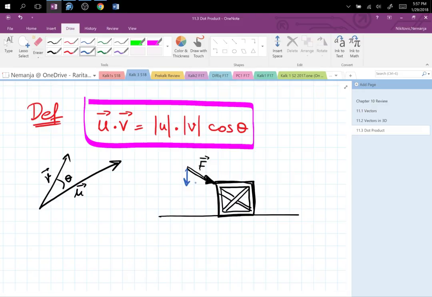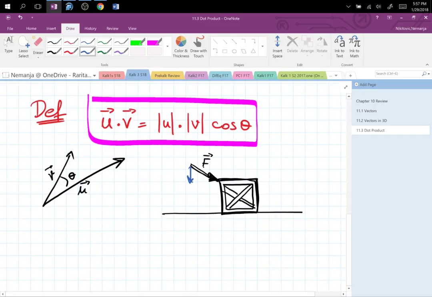You don't get to bury this crate into the ground. The surface on which the crate sits will push up, and you just end up losing all of your energy, your calories.